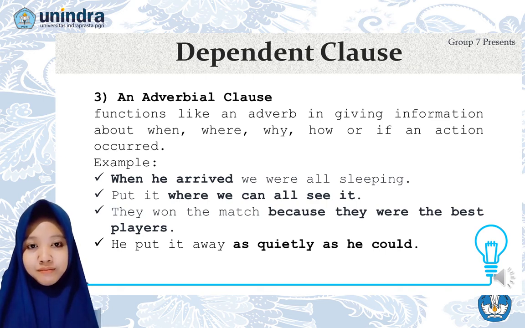Example: when he arrived, we were all sleeping. Put it where we can all see it. They won the match because they were the best players. He put it away as quietly as he could.